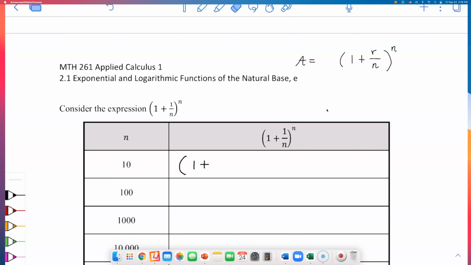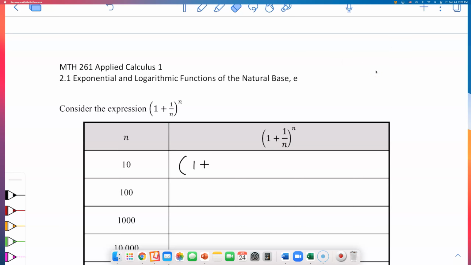And ignoring the rate, r could be anything, I'm just going to get rid of the r and put the 1 there, and that's where this fraction came from. So only looking at the compounding period, the only variable n, what will happen if that n gets really big? That's what I want to explore with you in this video.